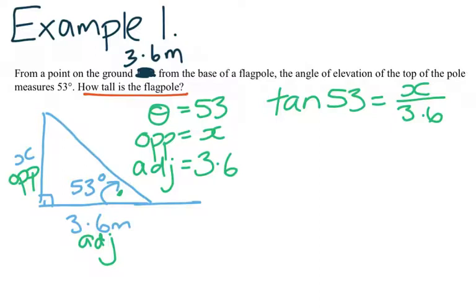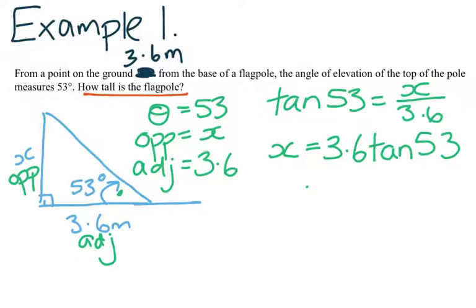The X is on the top, so the unknown's on the top, which means to work it out, we're going to do multiplication. So it'll be 3.6 tan 53, remembering that we do not have to put the multiply sign between the 3.6 and the tan, because our calculators register that that's what the operation is.